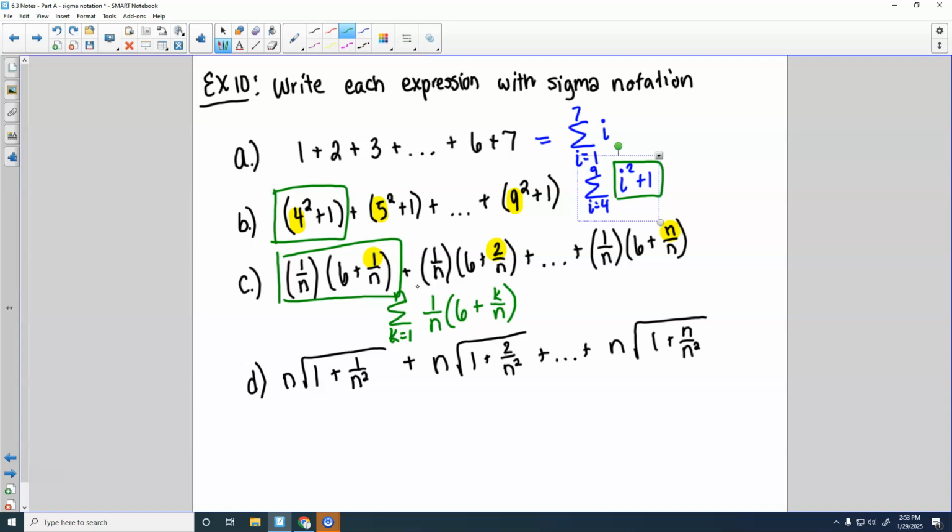All right, so our last one here, you're looking for what's changing. Similar to the last problem, it's that numerator of that fraction. That's what's changing. So the summation for this one would be the sum from 1 to n of n times the square root of 1 plus I over n squared.